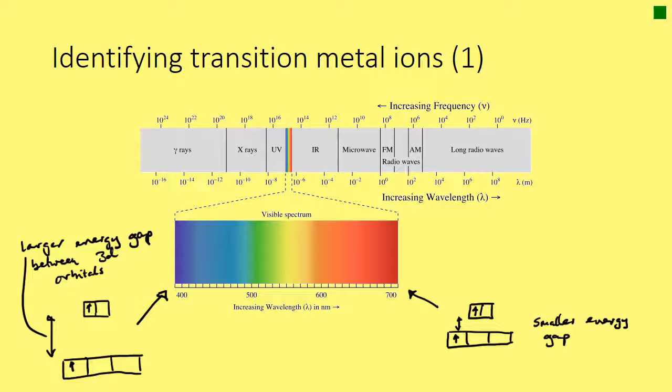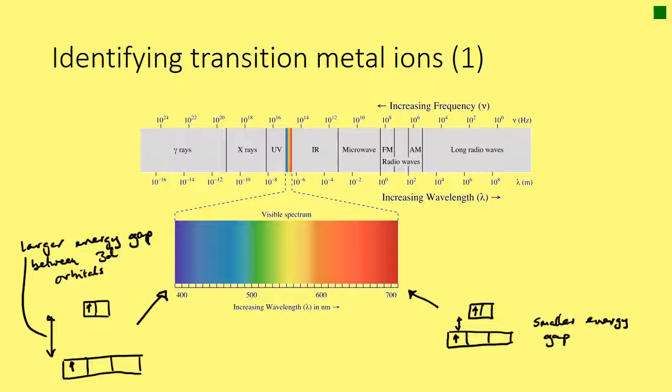So as we've mentioned, when an electron gets promoted to a slightly different energy level of 3d orbital, let's draw our 3d orbitals like this.